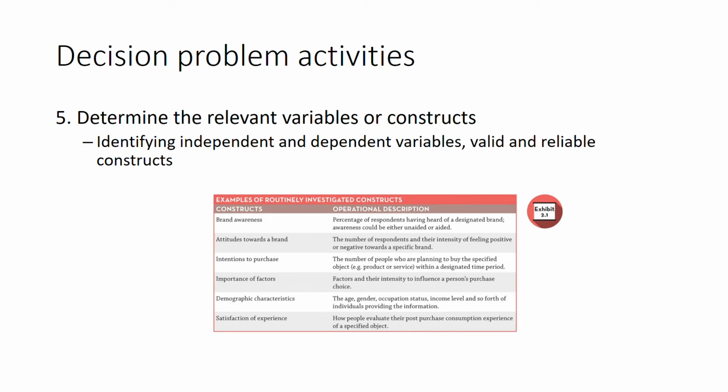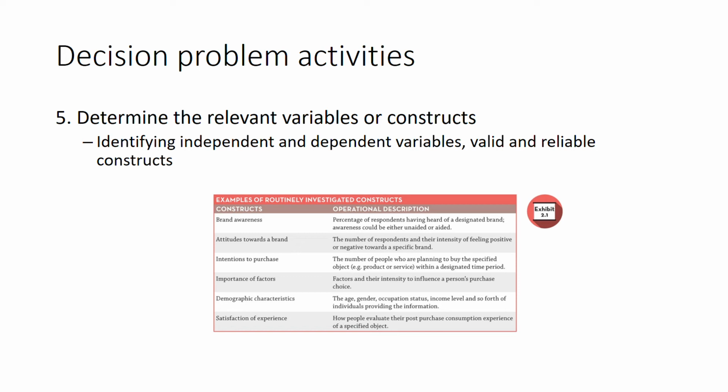And finally, we need to determine the relevant variables or constructs that we want to understand. So some of the common ones include brand awareness, attitudes, intentions to purchase, importance factors, or importance of attributes, some demographic characteristics, satisfaction of experience.